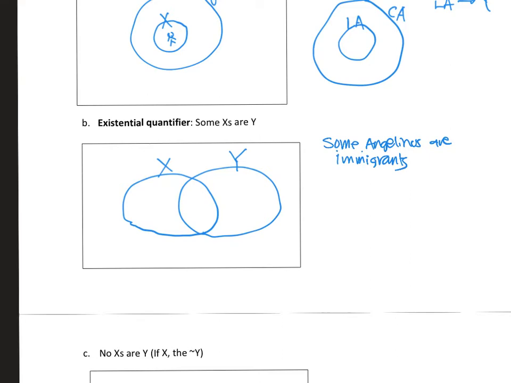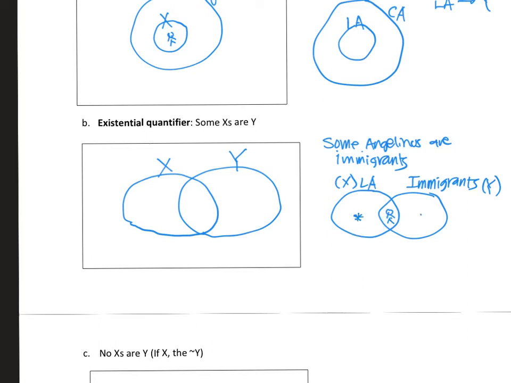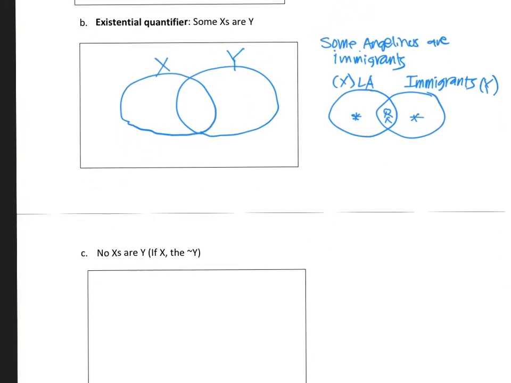If I were to draw it symbolically, this is Angelino, LA, and immigrants. LA is my X, immigrants are my Y. So some people are here, like me: I'm an Angelino, I'm an immigrant too. And some people are here, Angelinos but not immigrants, and immigrants but not Angelinos, and so on and so forth. So this is another case that we can have.